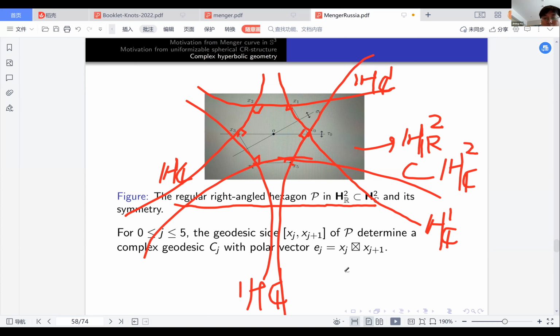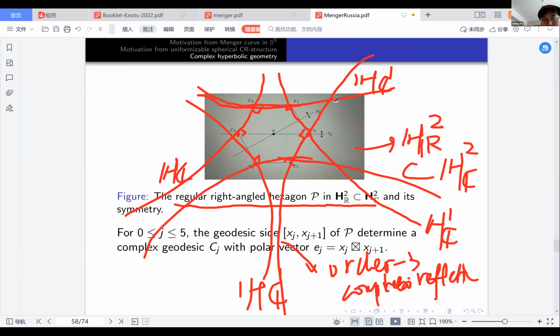So then we consider all the order 3 complex reflections about the 6 HC1, right? So here we have all the order 3 complex reflections.